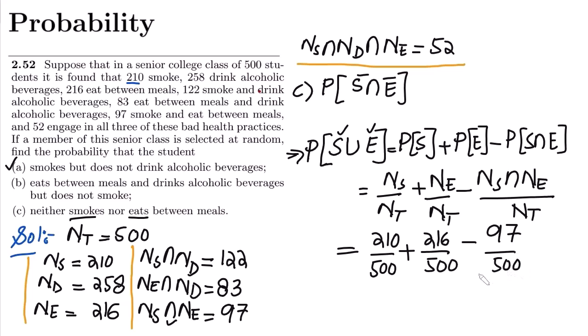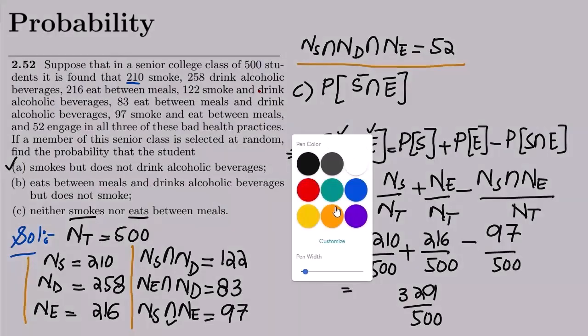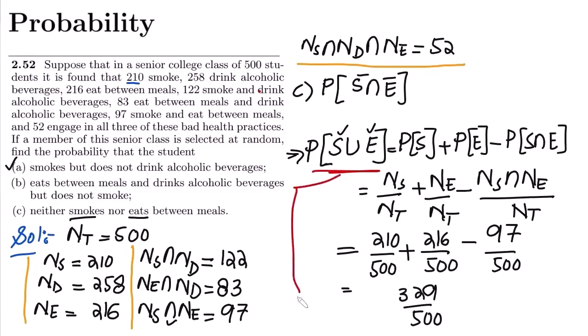Once I calculate it, if you add them together and find the LCM, you will get 329 divided by 500.